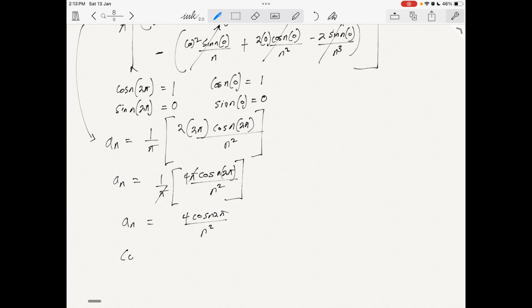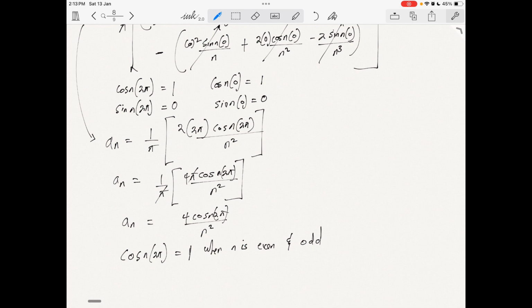Now, since cos n 2 pi is equal to 1 when n is even and odd, we established this in the last video.